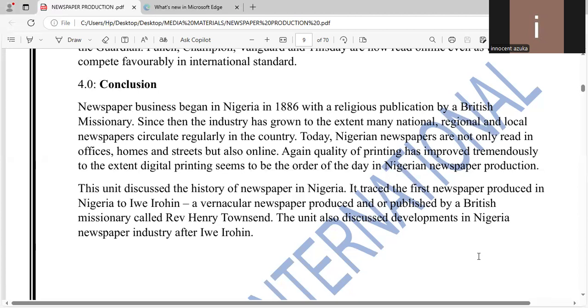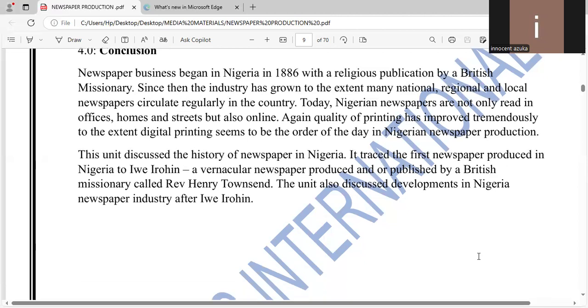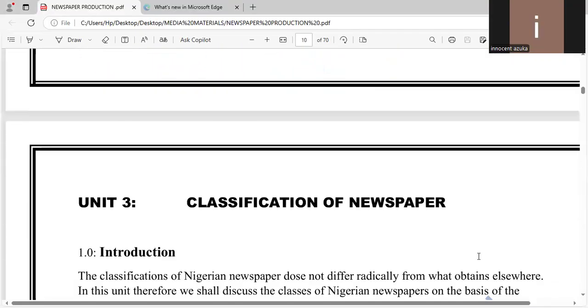Again, the quality of printing has improved tremendously, to the extent that digital printing seems to be the order of the day in Nigerian newspaper production. You can see how the history started in Nigeria, and how newspaper production started.